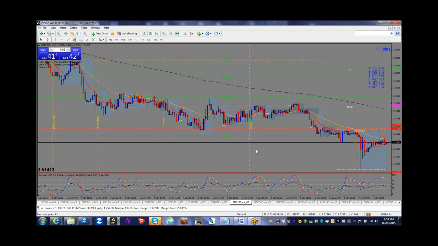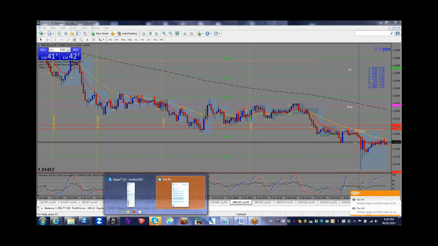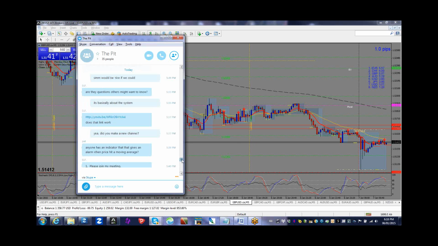I think I posted most of my trades in the room.